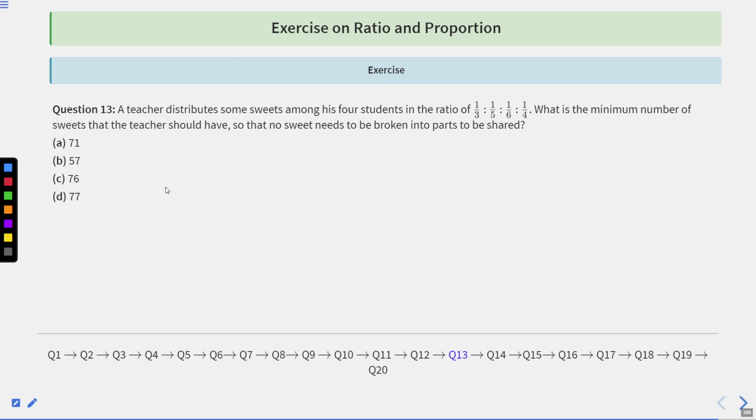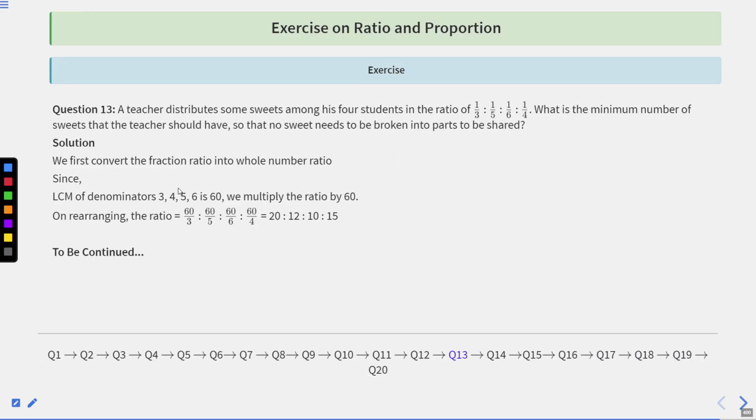Question number 13. A teacher distributes some sweets among his 4 students in the ratio 1 is to 1 upon 3 is to 1 upon 5 is to 1 upon 6 is to 1 upon 4. What is the minimum number of sweets that a teacher should have so that no sweet needs to be broken into parts to be shared?